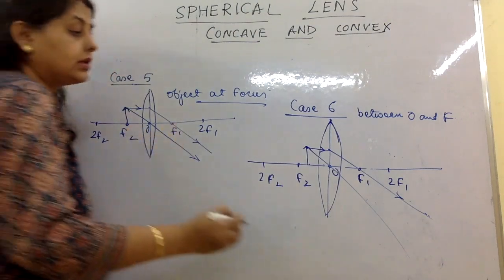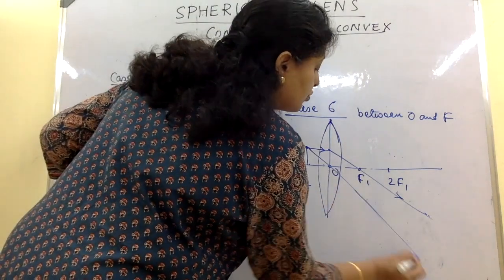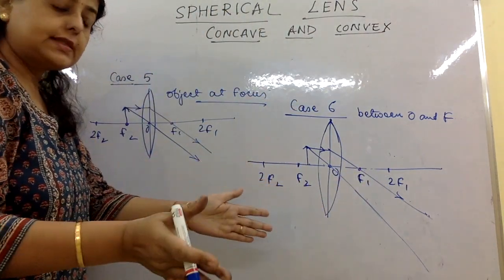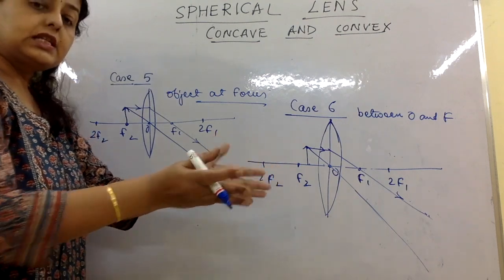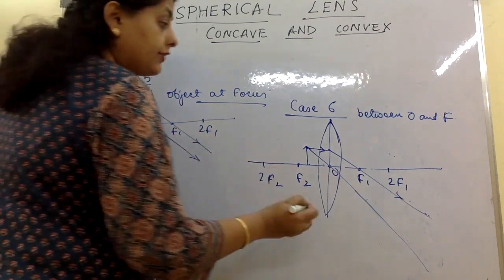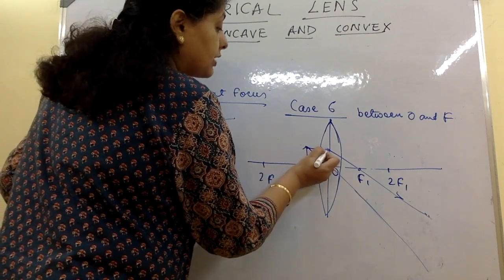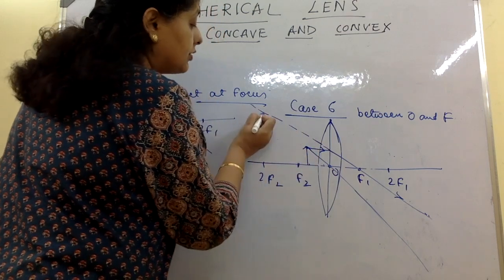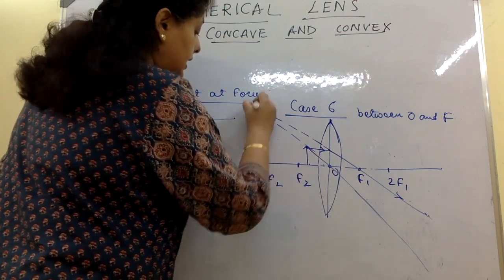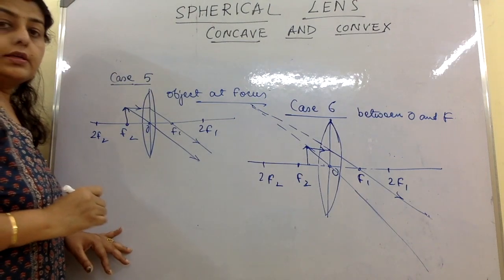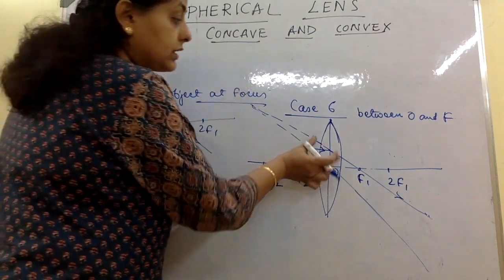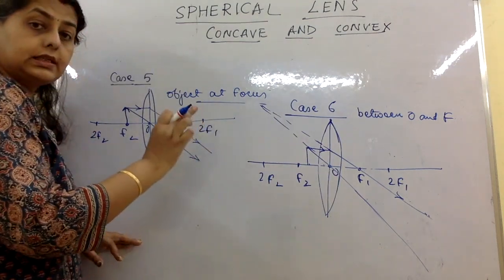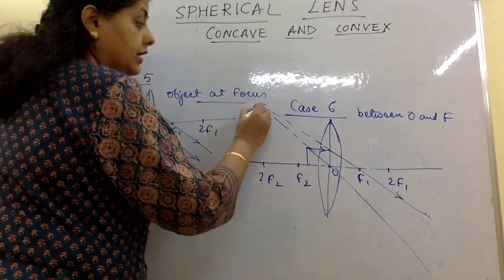But then note something, these two are not meeting. If you have drawn these correctly, you'll see they are spreading out, they are diverging. Now if they are diverging, then you can draw them backwards. When you hold the scale and extend them backwards, this is where they meet.